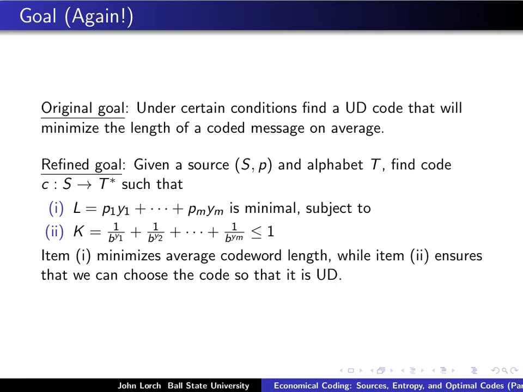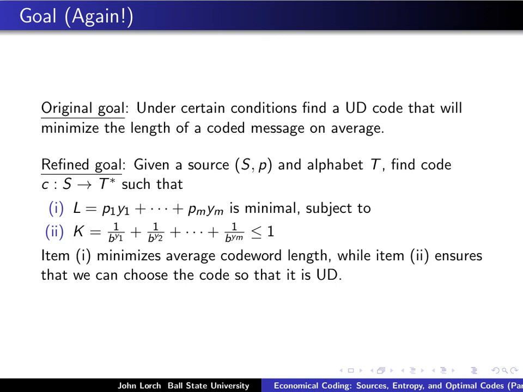Now we're ready yet again to refine the goal. So remember, our original goal was a little bit hazy, right? Under certain conditions, we want to find a uniquely decodable code that minimizes the length of a coded message on average. So now our refined goal is as follows.